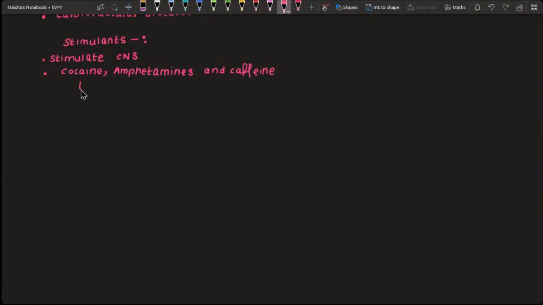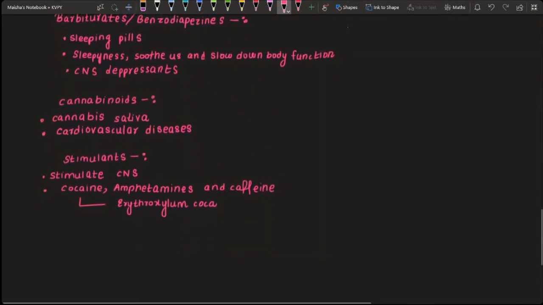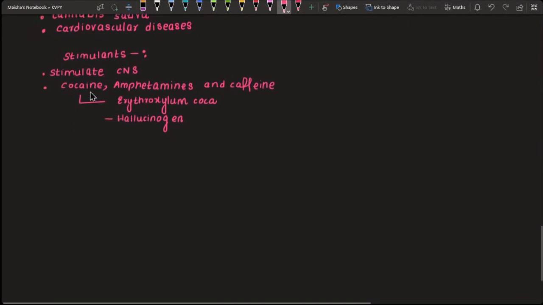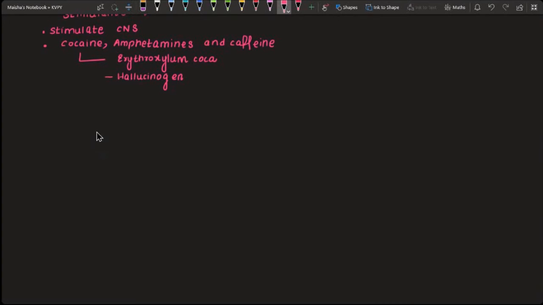So repeated use of such drugs can affect the cardiovascular system as well as the nervous system of the body. An important point: cocaine is obtained from the plant Erythroxylum coca. When a person is repeatedly using cocaine, it will also act as a hallucinogen.